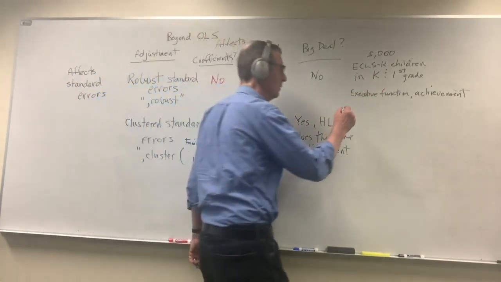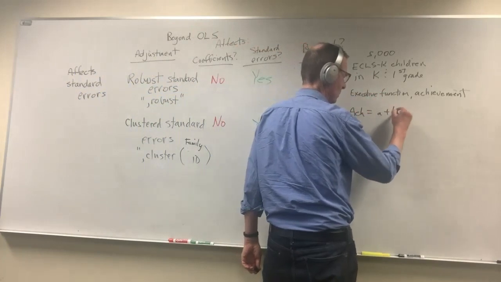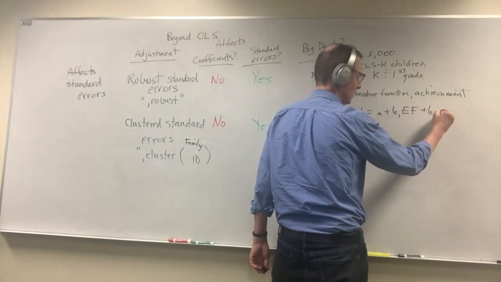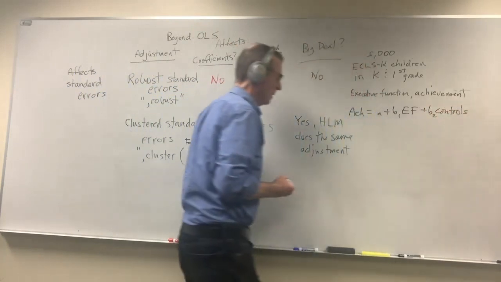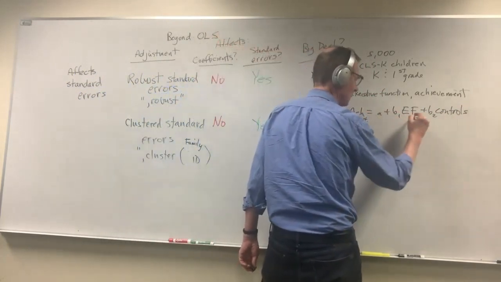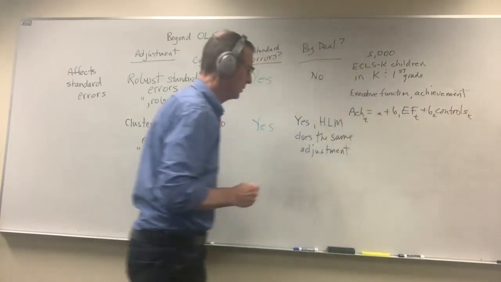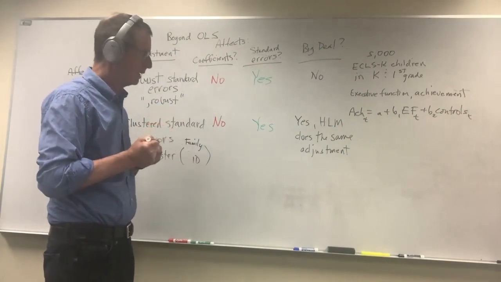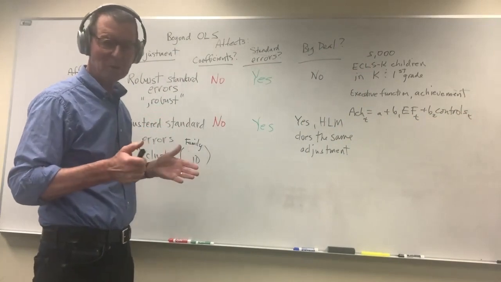So let's say that you were estimating achievement is some function of executive function plus controls. These are measured at the same time. We're usually saying it's not so telling to estimate a cross-sectional regression, but let's just suppose that it is in this case.